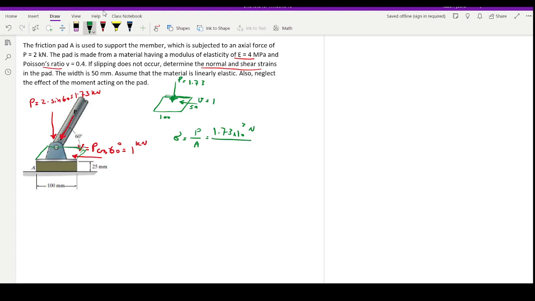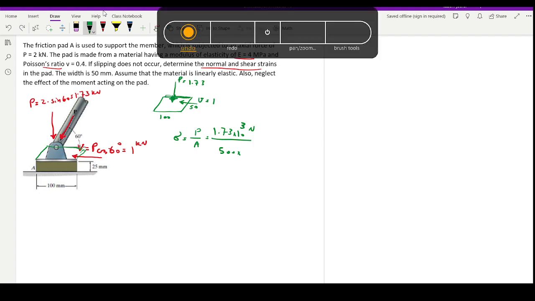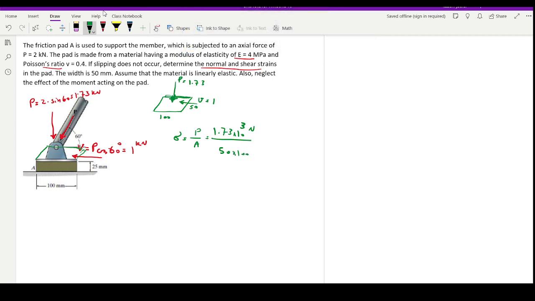I just write it in Newton because Newton over millimeter square is megapascal. 50 times 100, which is 5,000. This is millimeter square, and that's going to be equal to 0.346 megapascal. This is our sigma.